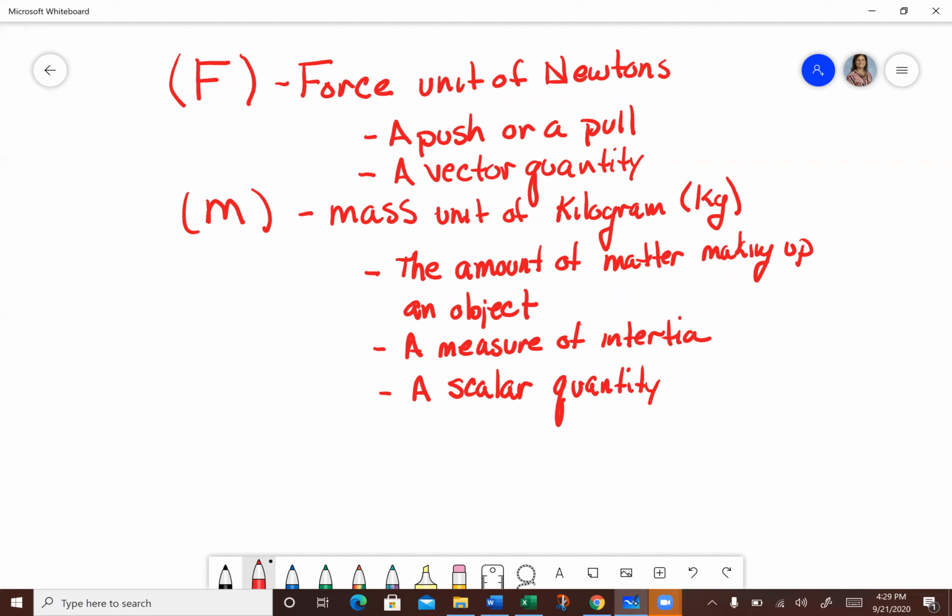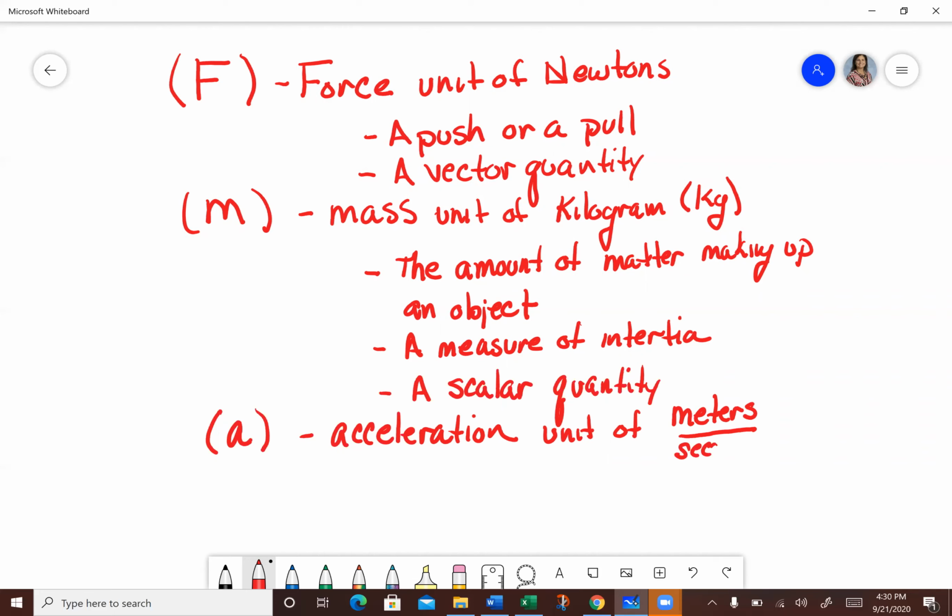Our third variable that Newton relates together, force, mass, and acceleration. A for acceleration, lowercase a. Acceleration, unit of meters per second per second.